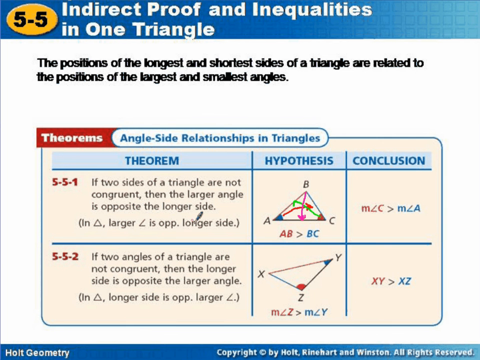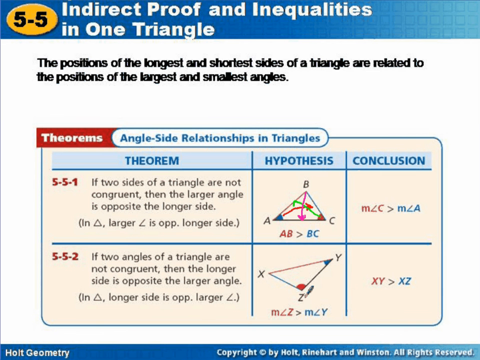Okay? So they're telling us that AB is longer than BC. Well, if AB is longer than BC, then AB's buddy, C, should be bigger than BC's buddy, A, which is what they say here. And then if two angles of a triangle are not congruent, then the longer side is opposite from the larger angle.